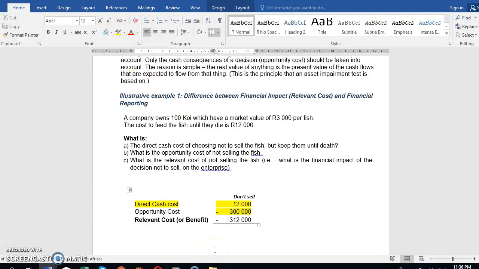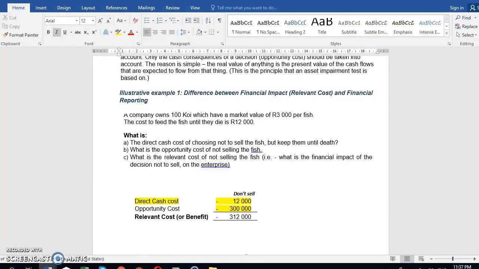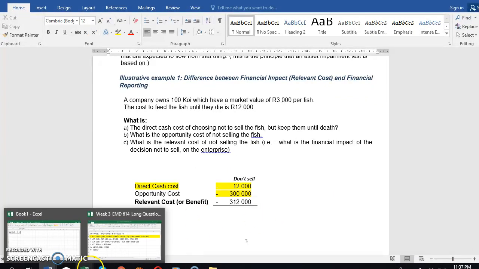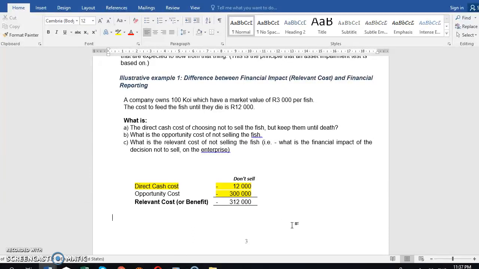Alright, and then lastly, what is the relevant cost of not selling the fish, i.e. the financial impact? So in many questions you'll see questions will ask for the financial impact, which is the same as the relevant cost. So basically there are 2 alternatives. We have sell on the one side and we have keep the fish.